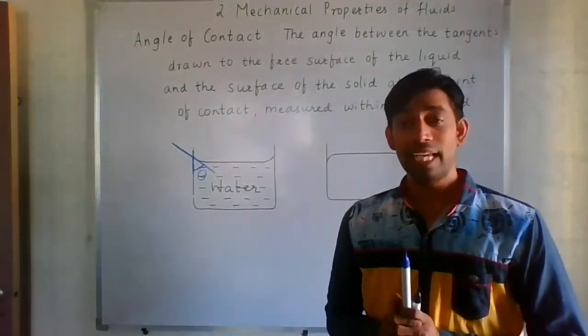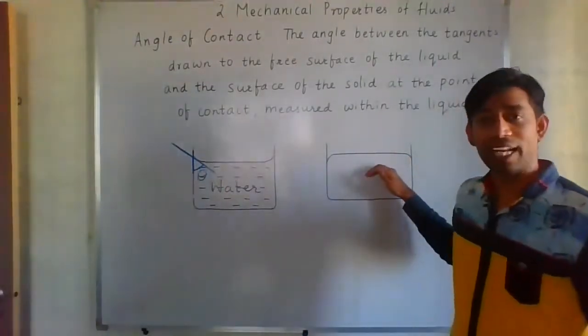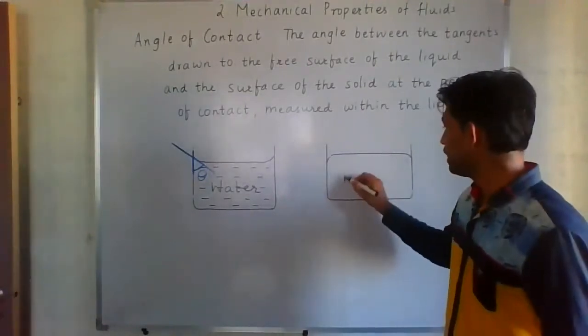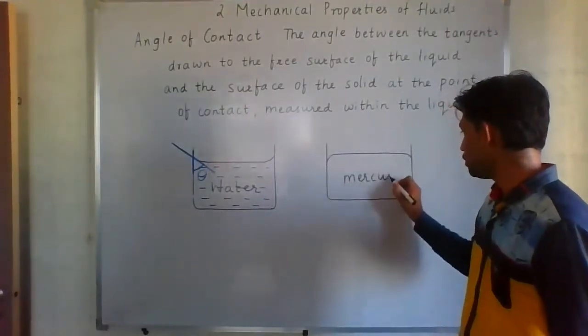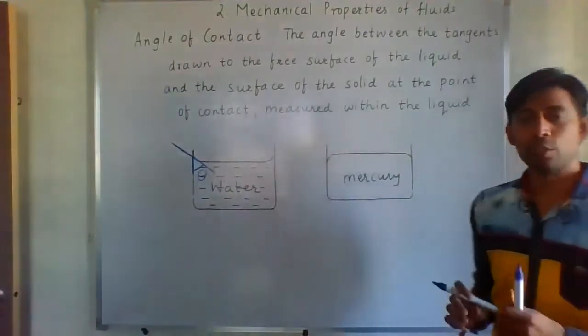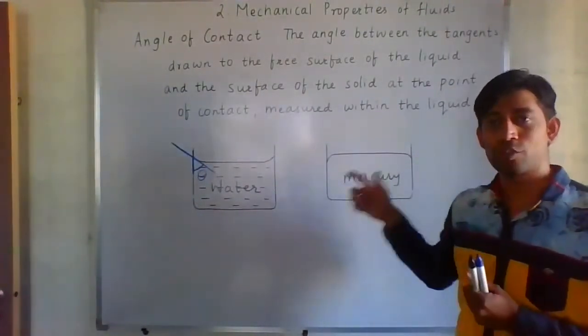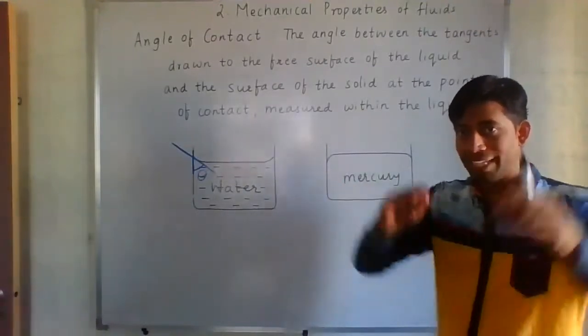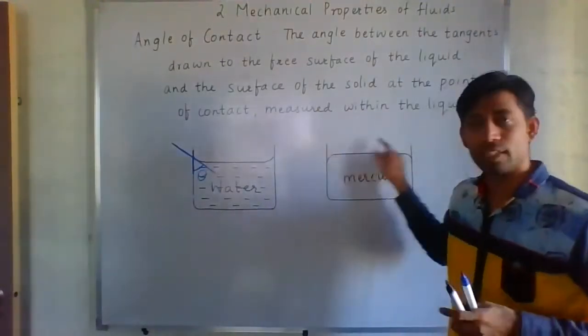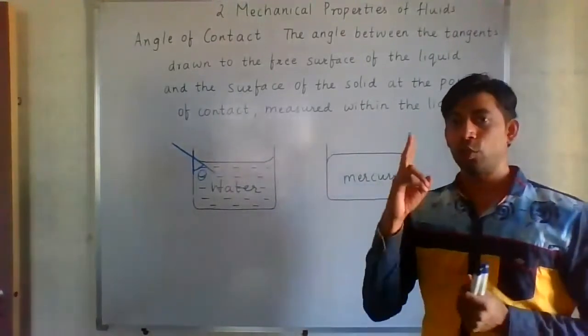This is the angle of contact in case of solid and liquid like water. Clear? Secondly, let's move on to another liquid. This is considered as mercury. You know, for mercury, the meniscus would be like this. Because of strong cohesive force, the meniscus will drop like this. Now again, I'll draw two lines.